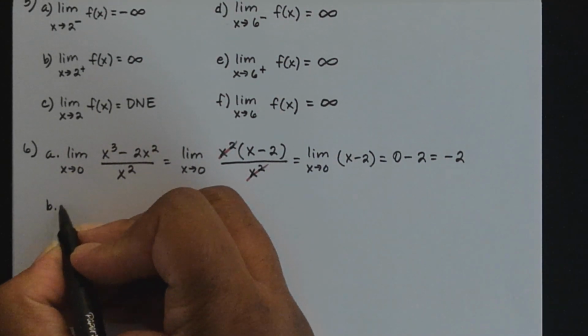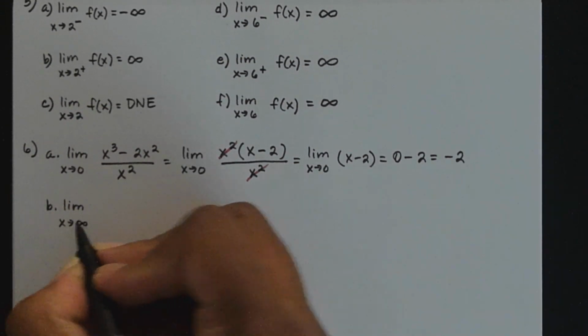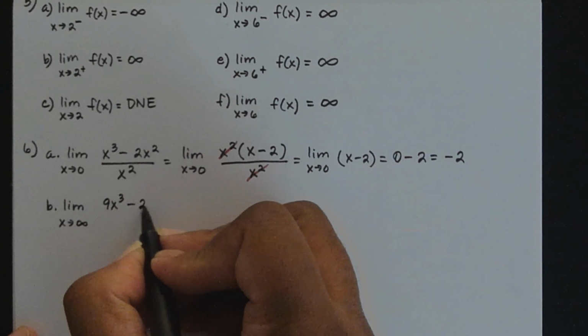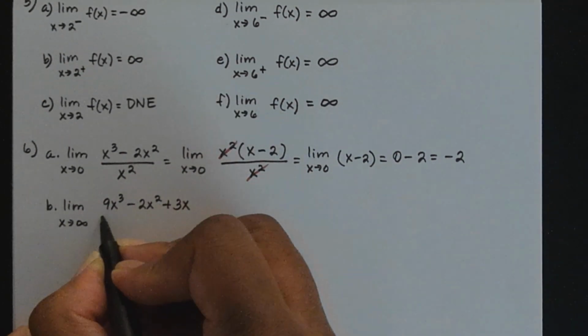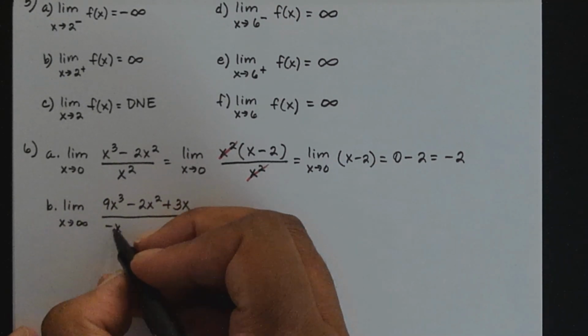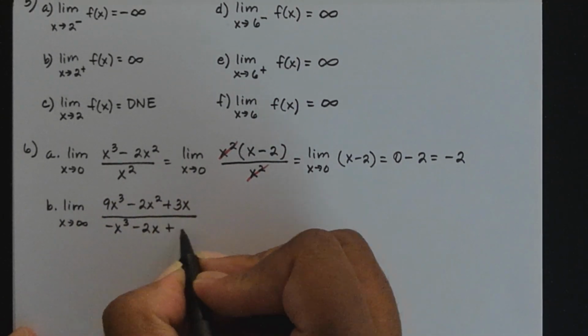Now, part B, we have the limit as x approaches infinity of 9x cubed minus 2x squared plus 3x, that whole thing divided by negative x cubed minus 2x plus 7.